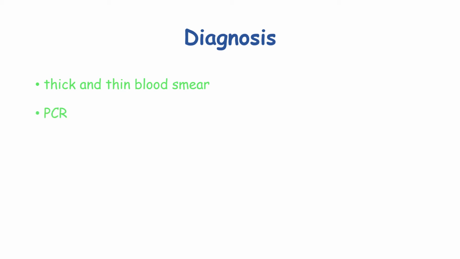PCR amplifies the parasite's DNA and allows better detection and identification of the Plasmodium species. It is more suited for epidemiological studies. Rapid diagnostic tests are also available to detect parasite antigens and are easier to use for staff without microscopy training. Cases also include thrombocytopenia due to low platelet count, elevated lactate dehydrogenase due to hemolysis, and anemia.